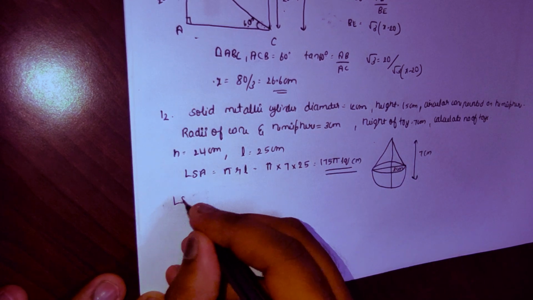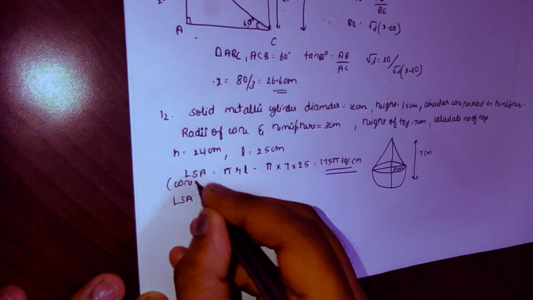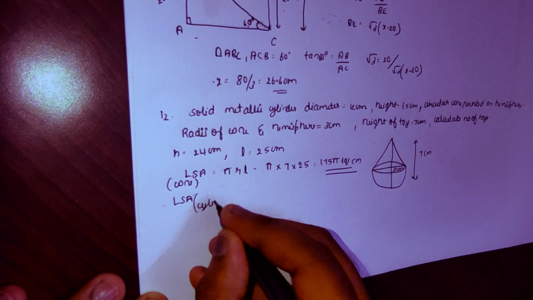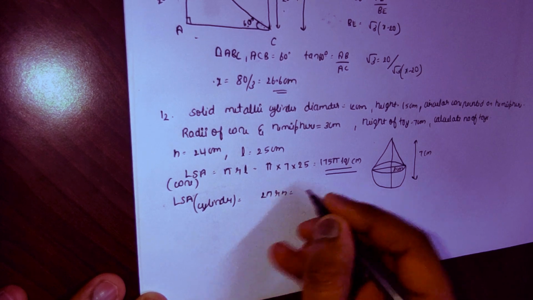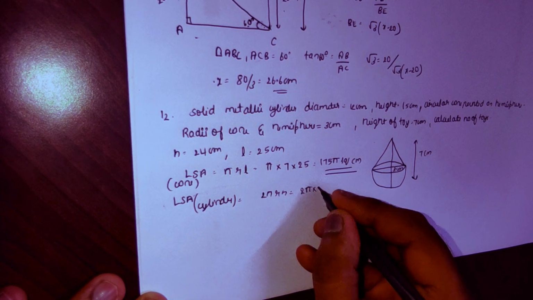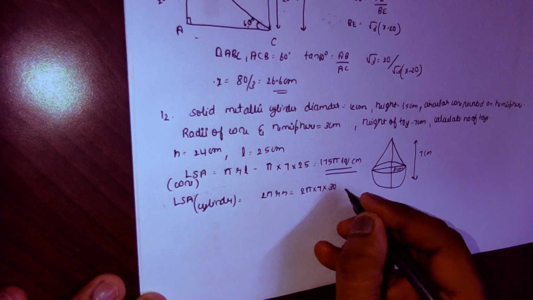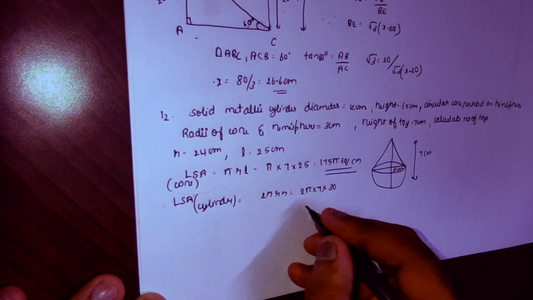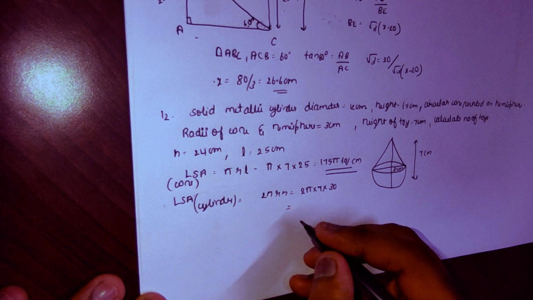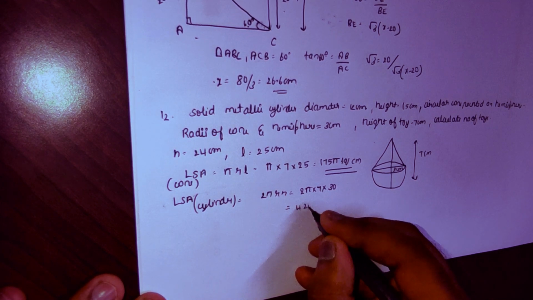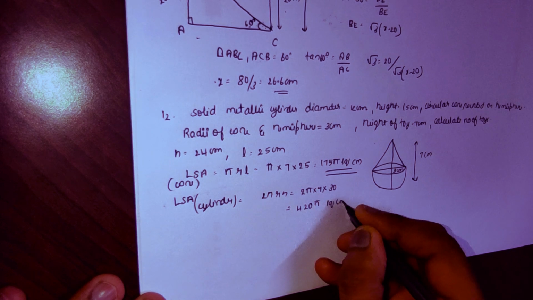We know the lateral surface area of the cylinder is equal to 2 pi R H. We know the value of R, that is 7. Height of the cylinder is 30. This becomes 420 pi square centimeter.